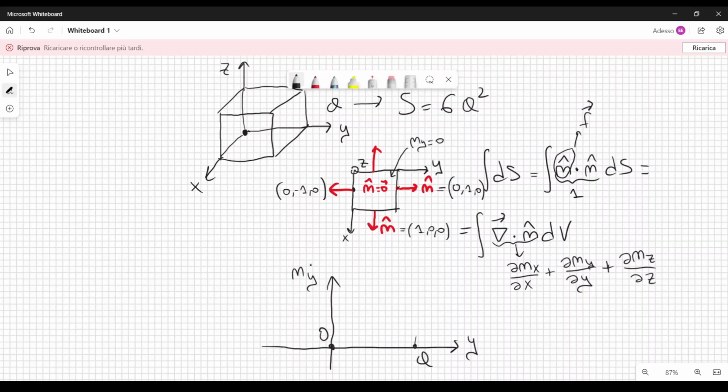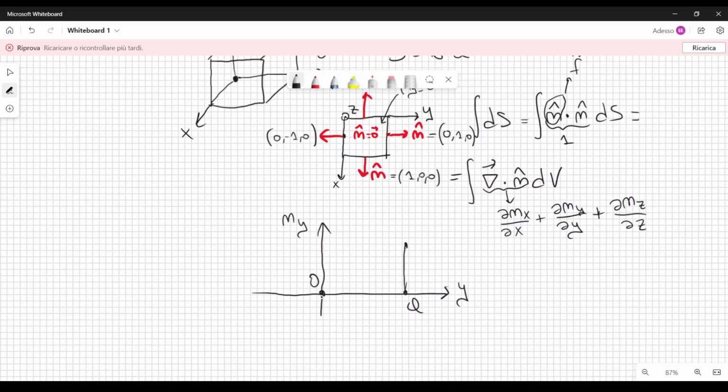The normal ny will be equal to 1 at a, so here it will be equal to 1, and it will be equal to minus 1 at 0, here, like this, more or less. And we can assume that after a it will still be equal to 1, and before 0 it will be equal to minus 1, like this.